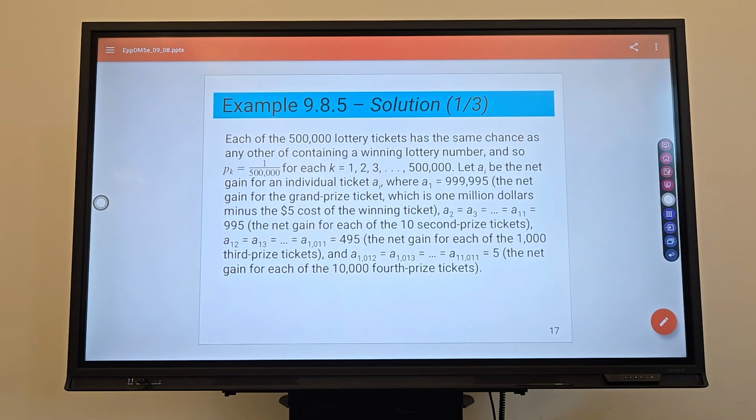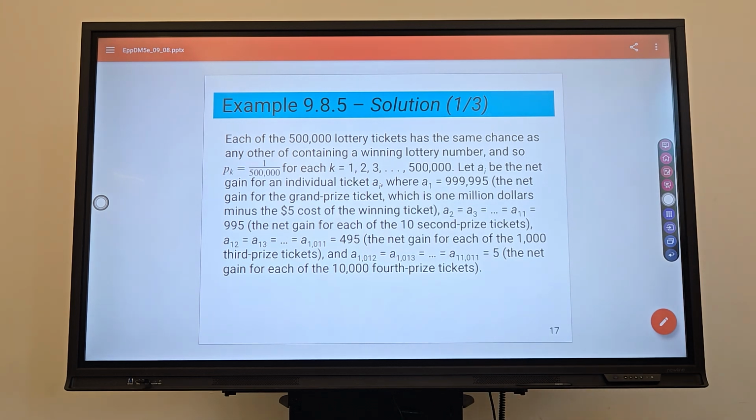Each of the 500,000 lottery tickets has the same chance as any other of containing a winning lottery number. And so P of k is equal to 1 over 500,000 for each k from 1 through 500,000. Let A sub k be the net gain for an individual ticket, where A1 is equal to 999,995, the net gain of the grand prize ticket, which is $1 million minus the $5 cost of the ticket.